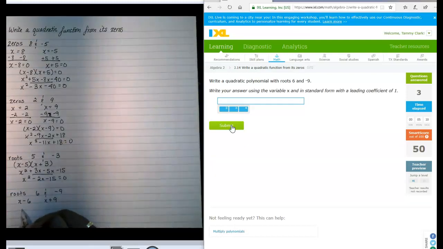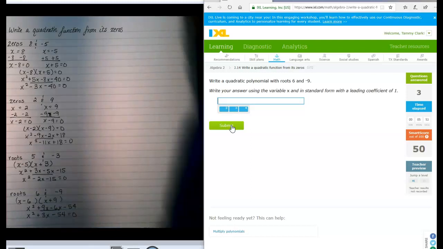Okay, so we've got x minus 6 multiplied by x plus 9. That's x squared plus 9x minus 6x minus 54. Combine my terms, that's 9x minus 6x is positive 3x. Minus 54. Set that to 0, and that is our answer.